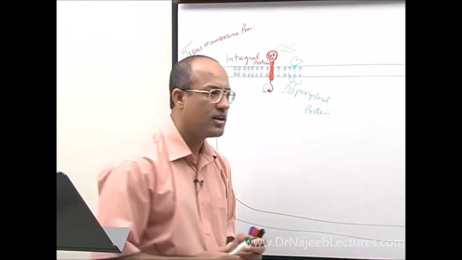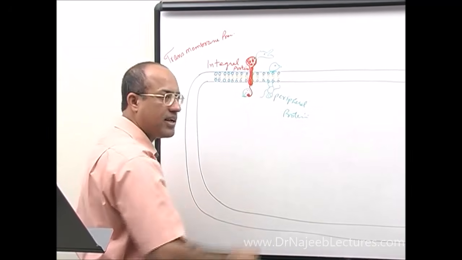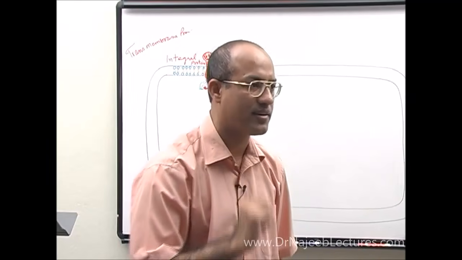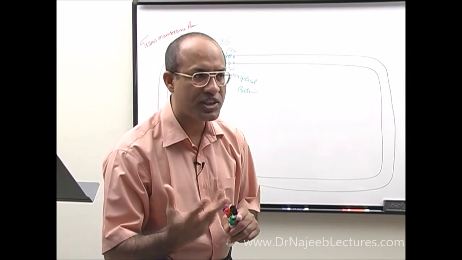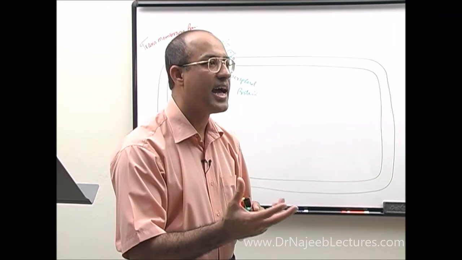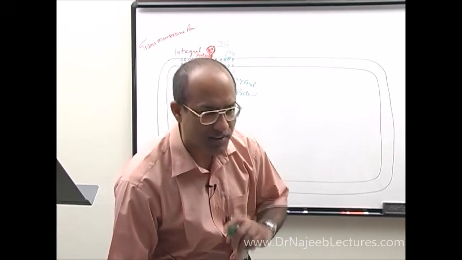Before I move forward, the total proteins associated with the membranes make about 50% of the membrane component. So you can say that cell membranes are 50% proteins, and the remaining 50% has about 47% lipids and 3% carbohydrates.